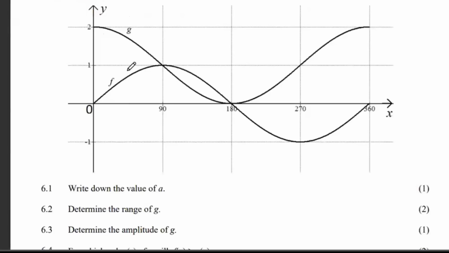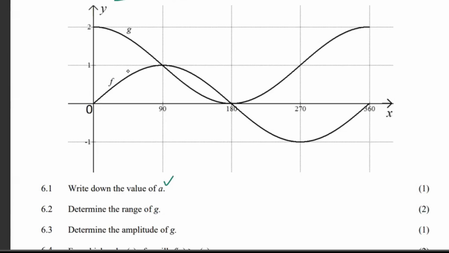Then question number 6, which is the trig graphs. Okay, so we have F, which is the sine graph. And then we have G of X, which is the cosine graph. All right, then they want us to get the value of A. So where is A? A is the coefficient of the trig graph. So this coefficient simply represents what we call the amplitude, the maximum displacement.